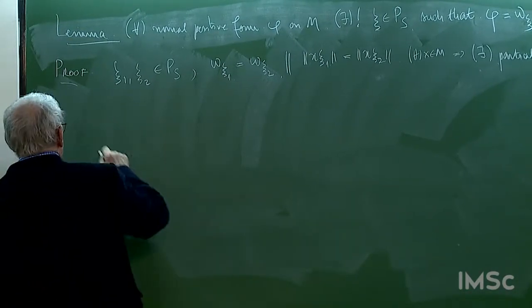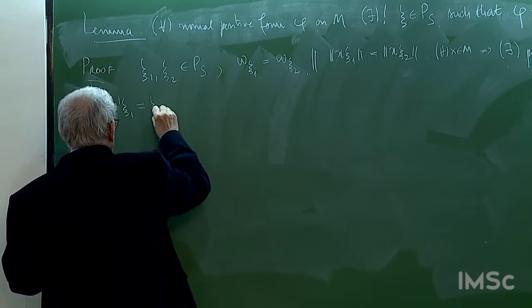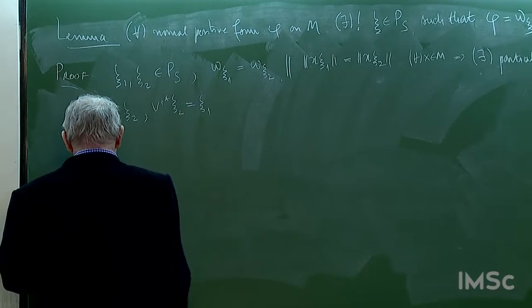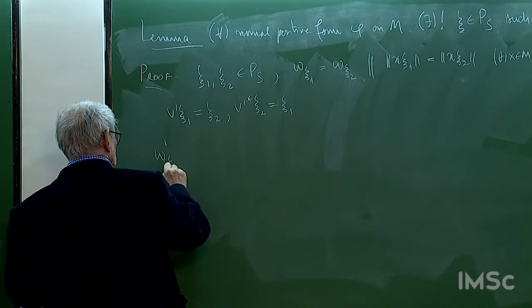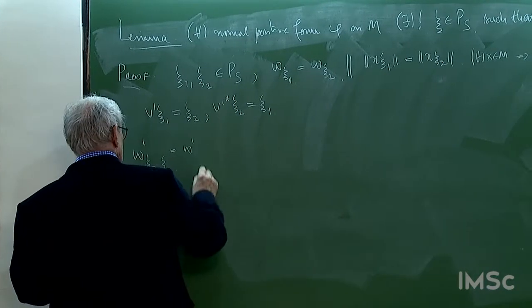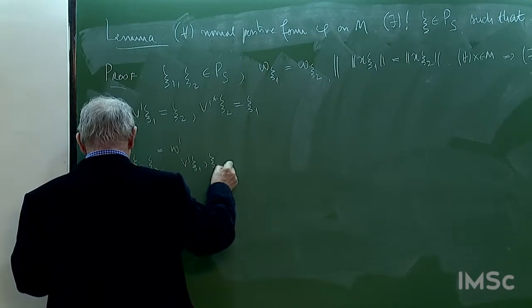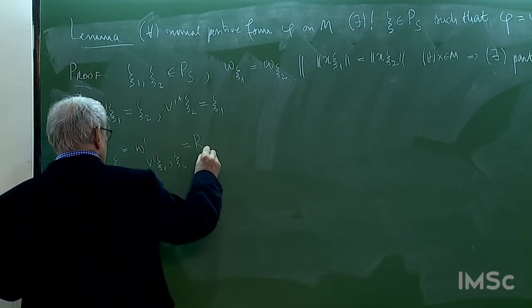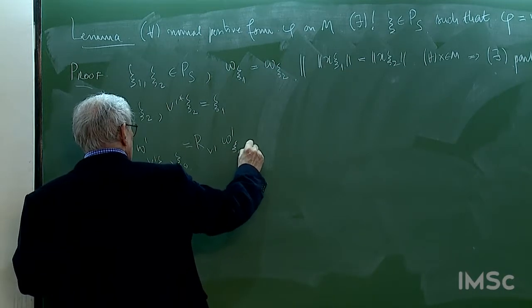In particular, we have V prime psi 1 is equal to psi 2, V prime star psi 2 is equal to psi 1, and hence what we have is that omega prime psi 2 psi 0 is equal to omega prime V prime psi 1 psi 0, which is equal to the translation to the right by V prime of omega prime psi 1 psi 0.